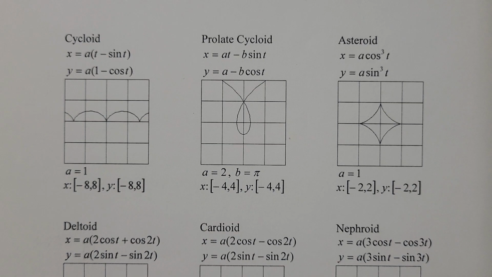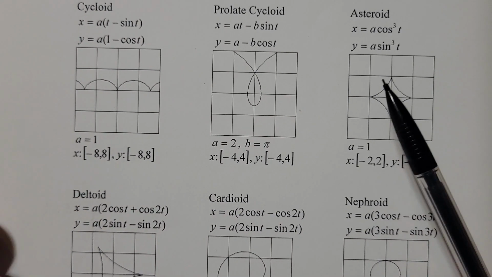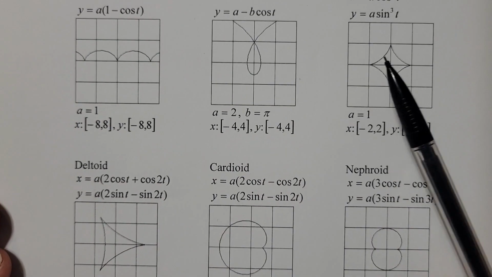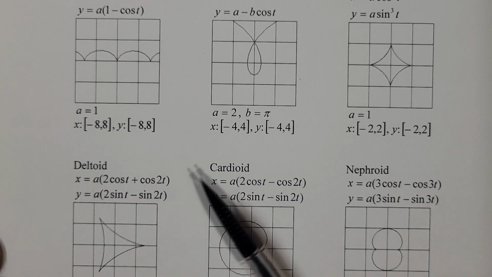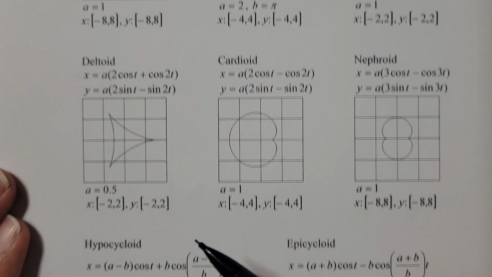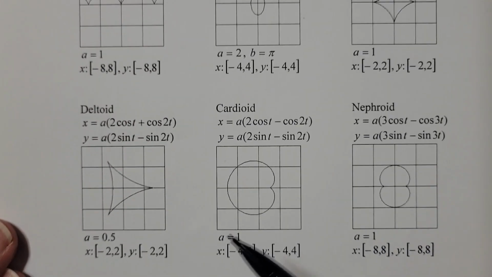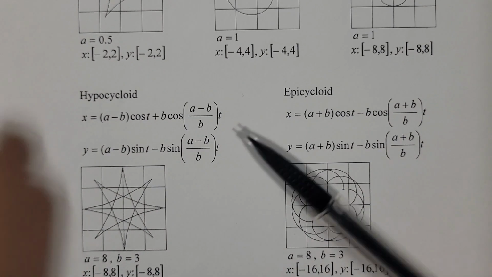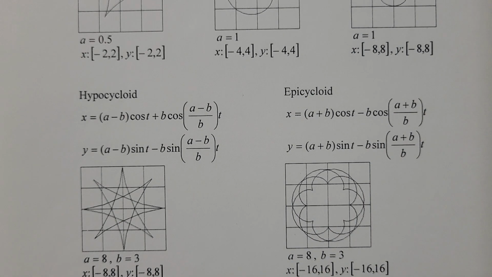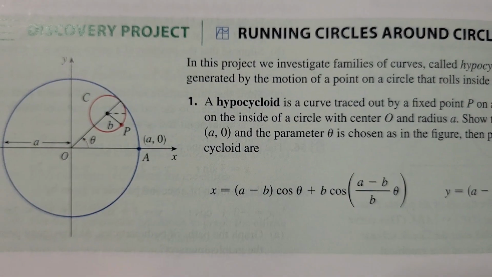Okay, and let's see, the next one is an asteroid, and a deltoid, which are kind of family members of the more common curve, which is called a hypocycloid. Okay, and what I mean by a hypocycloid is if you imagine a circle inside of another circle, there's a picture in the book here, and I'm on page 672.